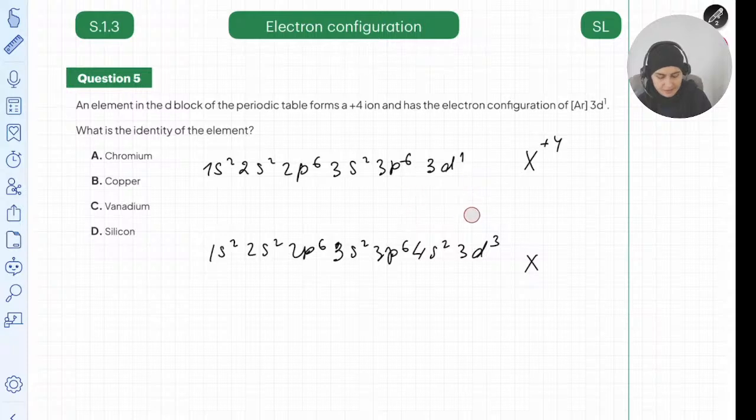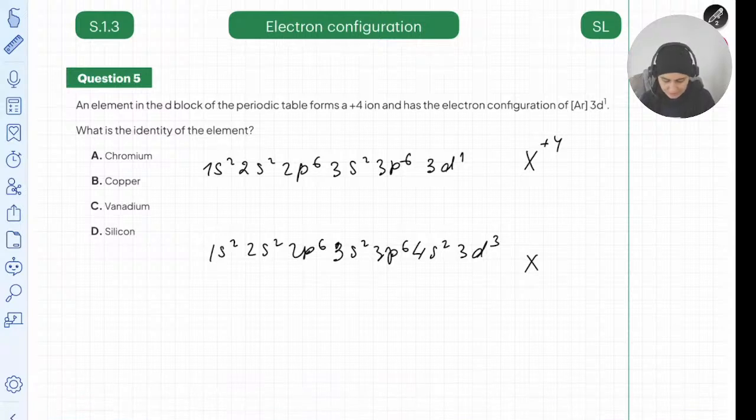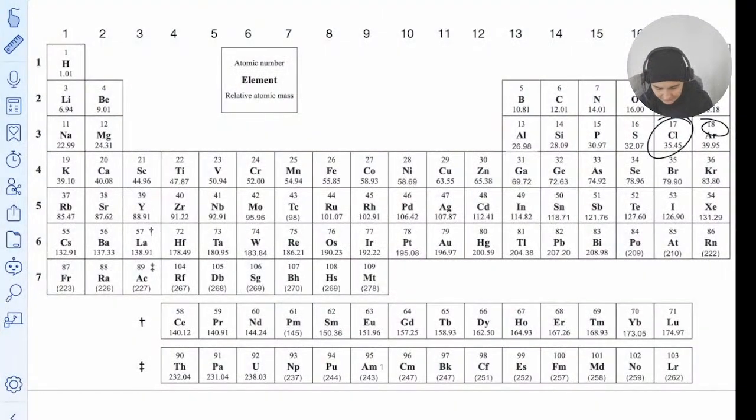So that's my configuration for the element X. And now we just have to see which one it is. So it has how many electrons in total? 2 plus 2 plus 6 is 10, 23. So X has 23 electrons in total, which means its atomic number is 23. 23 would be vanadium.